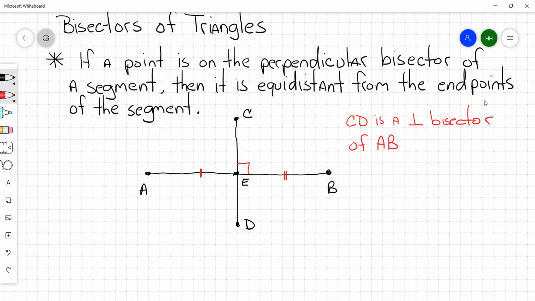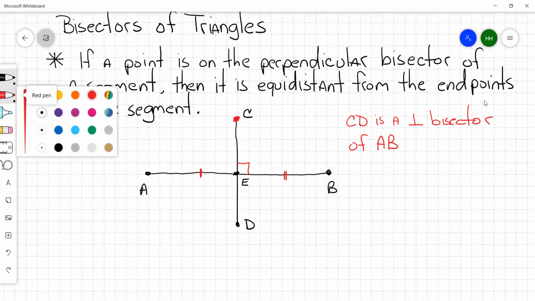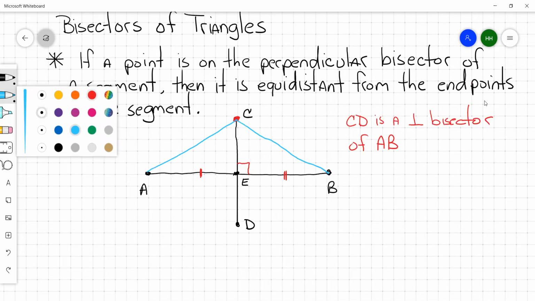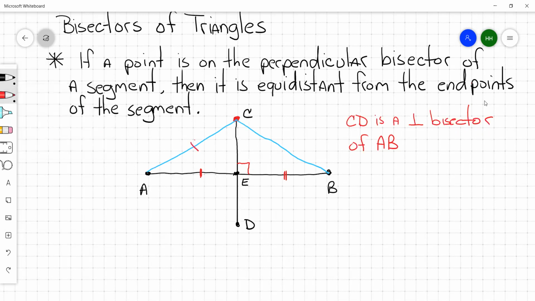So point C is right here. It's on CD. It's on the perpendicular bisector. What this rule means is that this distance from C to A is the same as the distance from C to B. Those two segments are congruent.